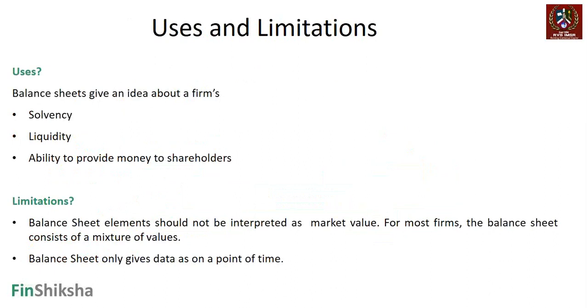Now, the balance sheet of a firm gives us an idea about the firm's solvency. What do we mean by solvency? Ability to repay debt, right? That's called solvency essentially. Can they borrow money? Will they be able to give it back to the liability holders?